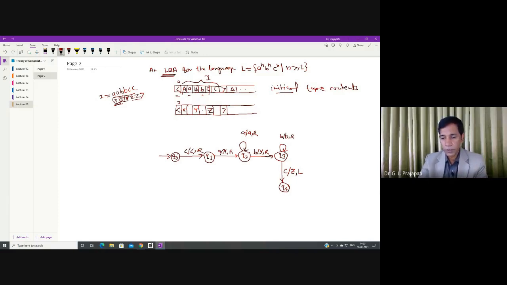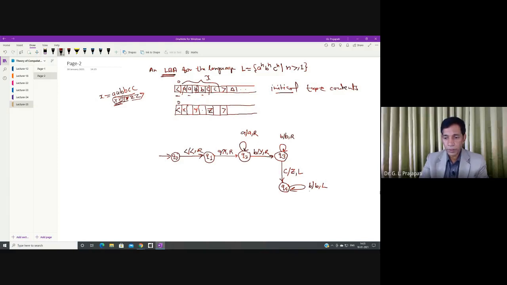So if you have the small b, replace with small b and go to the left. So you are moving to the left, and this b you have changed to Y, so you may also have the Y.